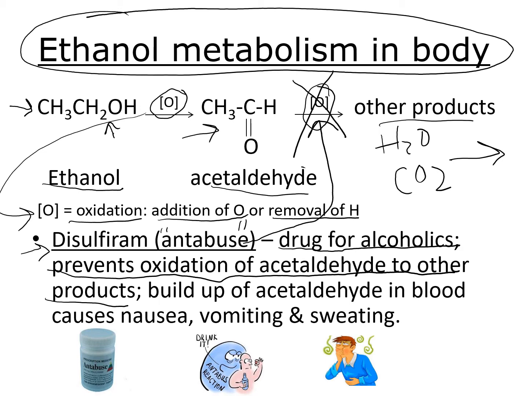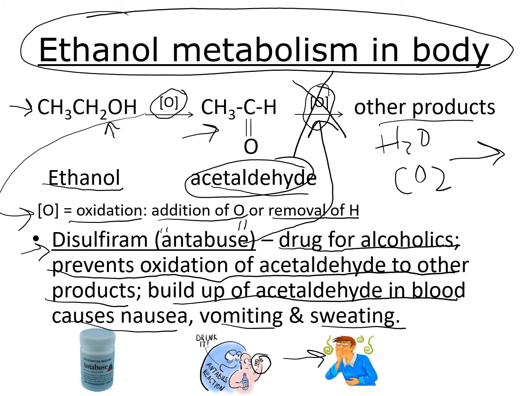So then the acetaldehyde builds up in the bloodstream, and that causes nausea, vomiting, and sweating. So the idea is if someone was an alcoholic and they take this pill, disulfiram, and they want to have a drink, they know that by taking antabuse, it's going to cause them to become extremely sick if they start drinking alcohol. So that's the idea. Mentally, you don't want to make yourself sick.